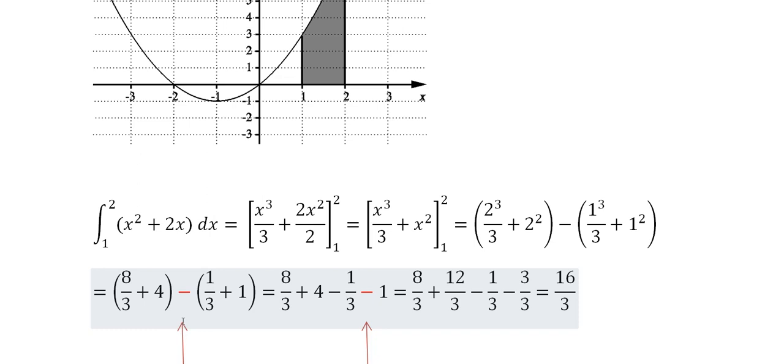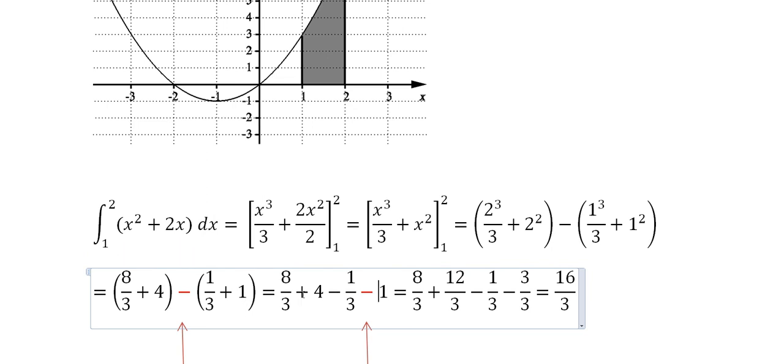Now you can see these two arrows here, and I put this minus sign in red because this is actually one mistake that a lot of students make. It's very easy to make this mistake. It means minus the whole bracket, so it means minus this term, 1/3, and minus this term, 1.